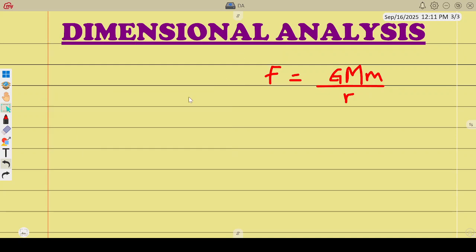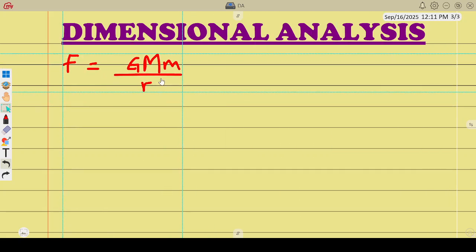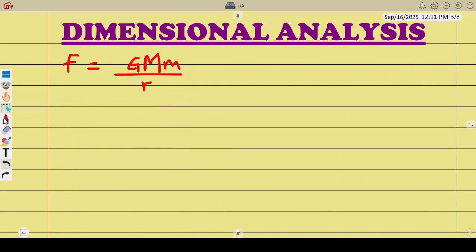I'm sure you have read all these. So this is the force, gravity, mass and mass, and we have R. R is supposed to have a square. So this is the separation distance between the two masses. So now the question is, find the units for G. Find the units for the gravitational constant.